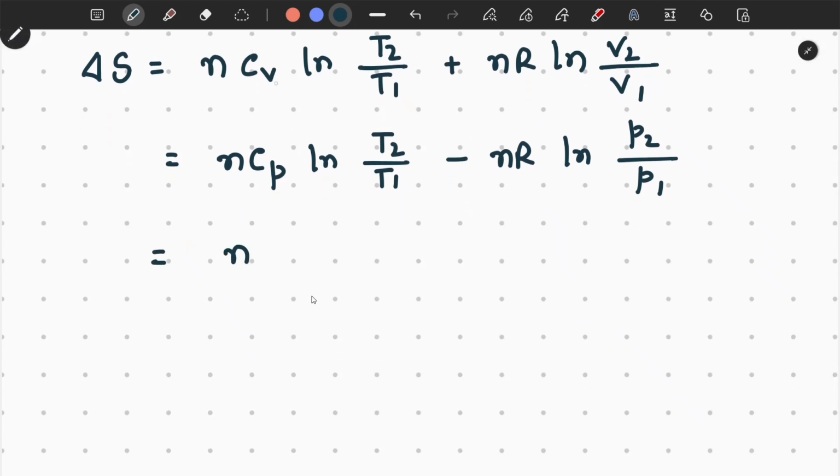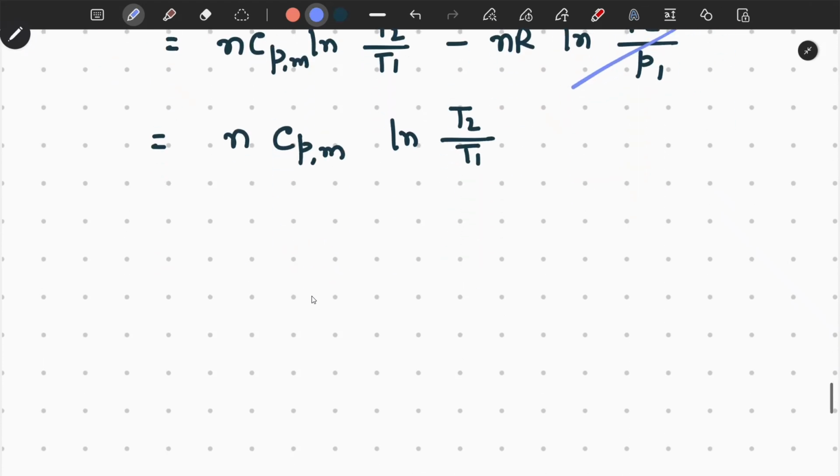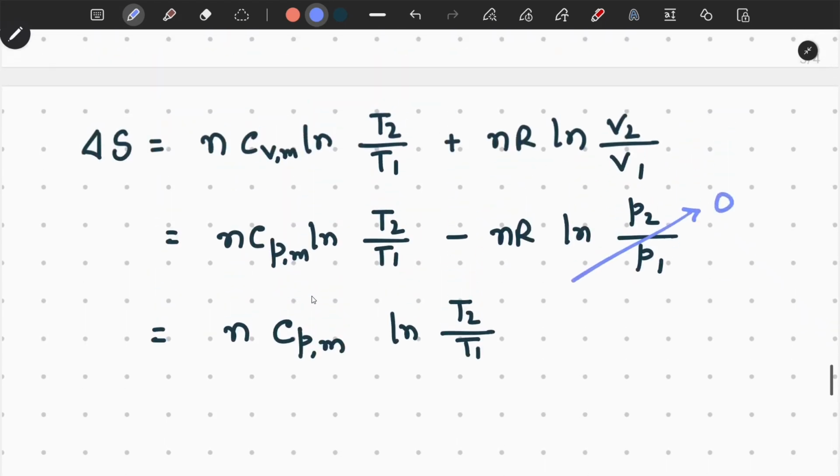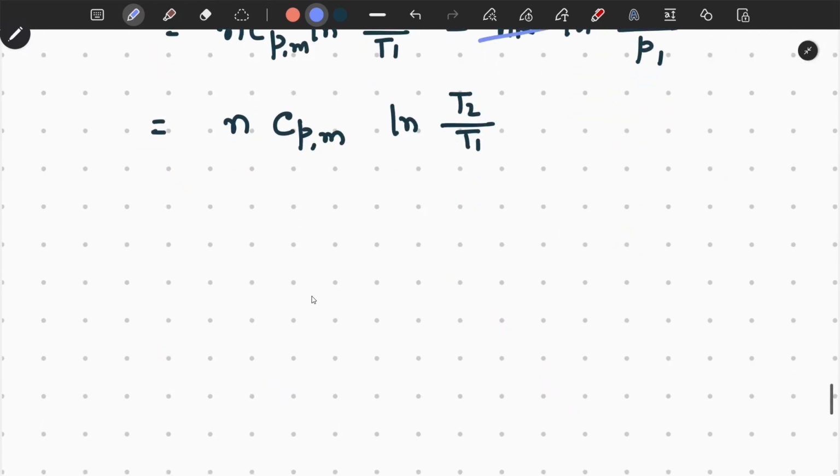So we can write it. Actually, these are M. So N CPM ln T2 by T1, because this part is 1, and ln 1 is 0. So what is the CP?